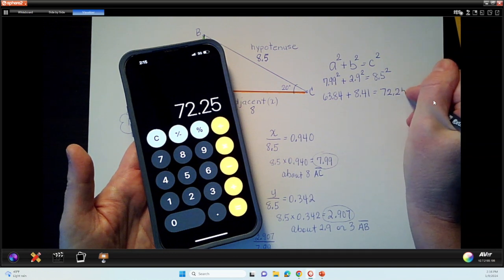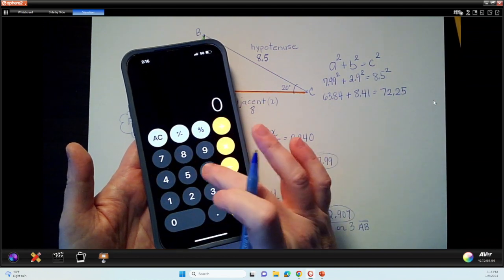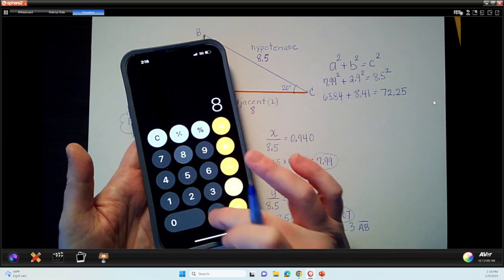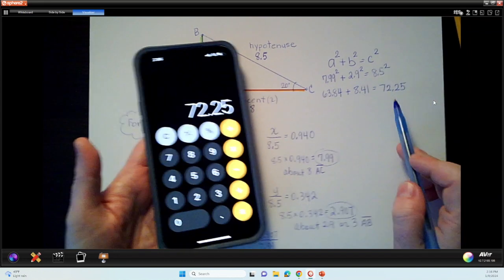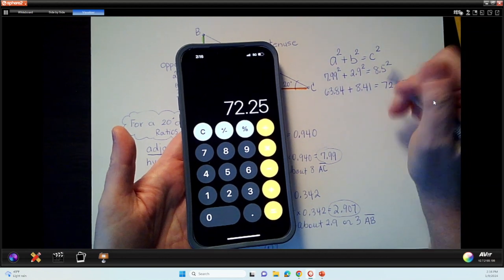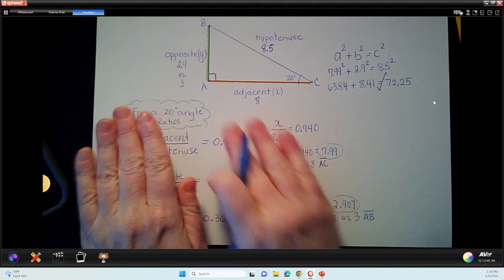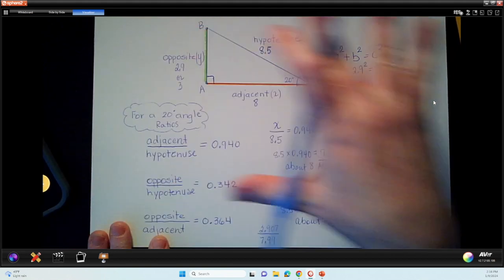So let's see if it works. All right, 63 and 84 hundredths plus 8 and 41 hundredths, and look at what I got. It checks out. So the Pythagorean theorem worked as well as our ratios. We were able to calculate everything.